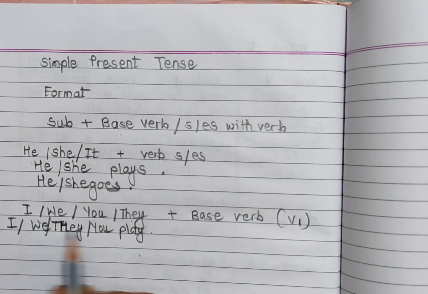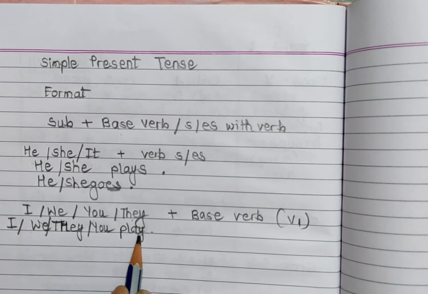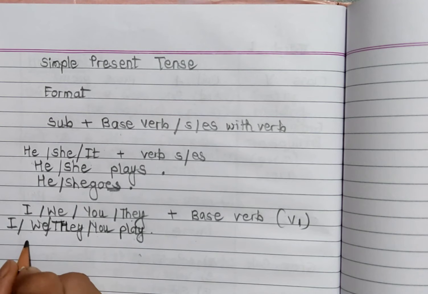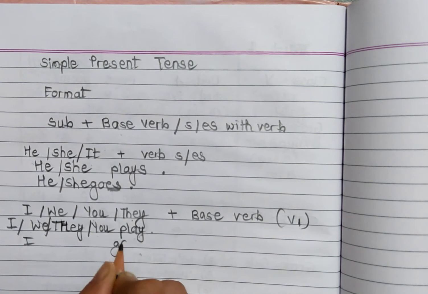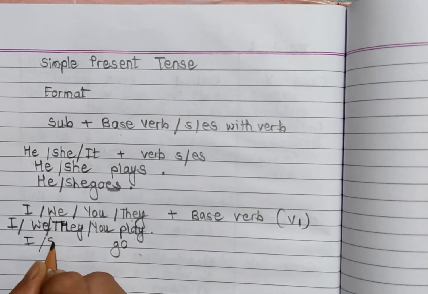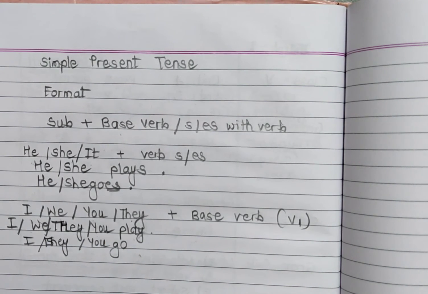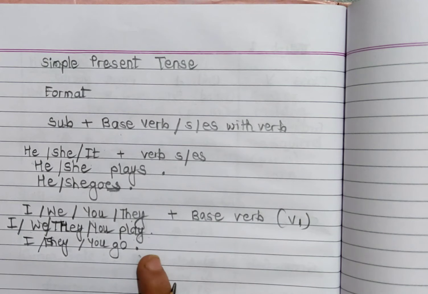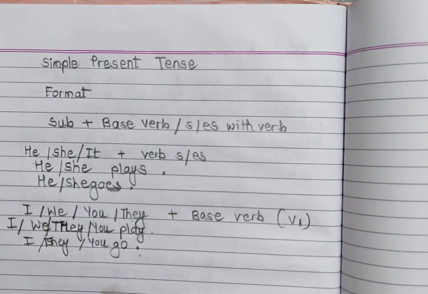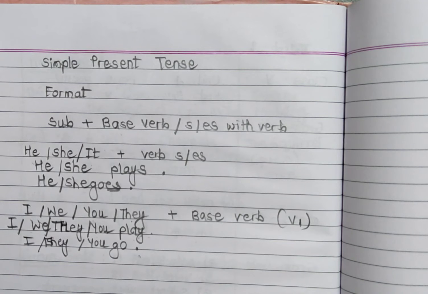Are you getting? I play, we play, they play, you play. Or we can say I go, they go, you go, we go. Put a full stop. Means here please, goes will not come. Your base verb only will come. So this is about simple present tense.